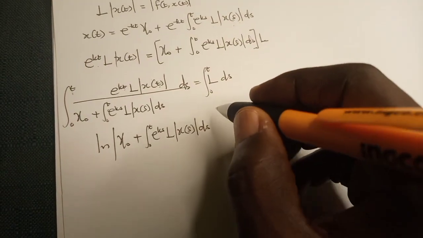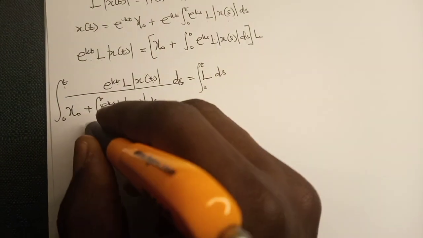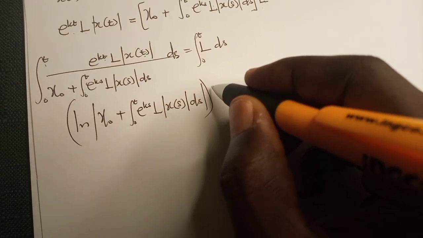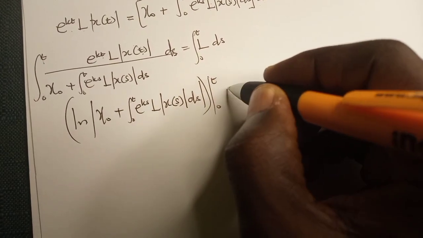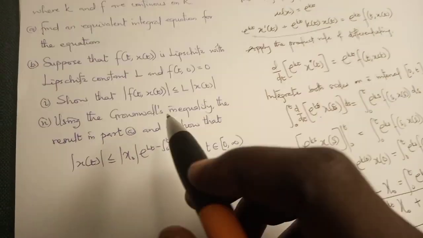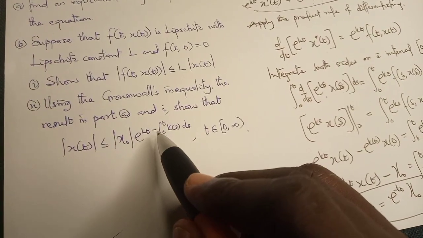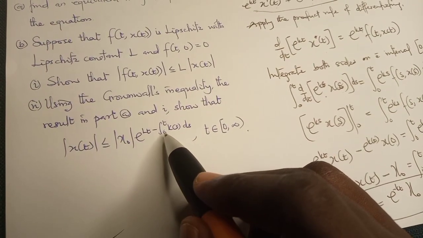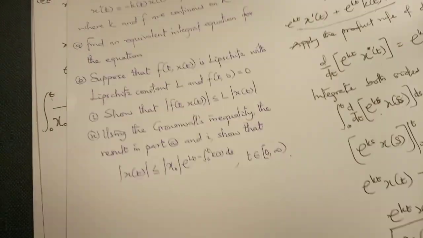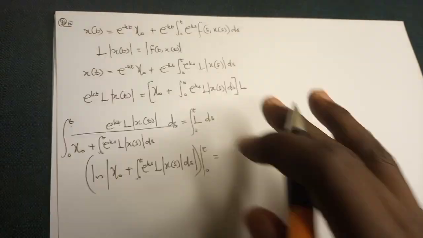Okay, and all should be on the interval of 0 to t. We maintain this because from the question we are supposed to have something like this. So I can maintain that.